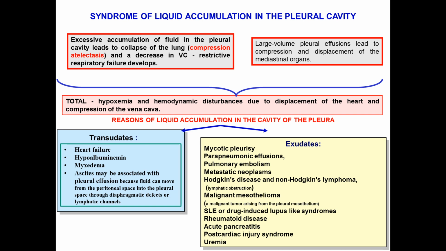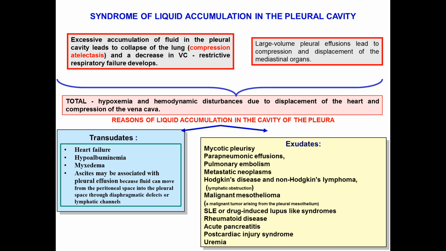And exudates may accumulate due to mycotic pleurisy, parapneumonic effusion, pulmonary embolism, metastatic neoplasm, Hodgkin's disease, and non-Hodgkin's lymphoma due to lymphatic obstruction, and malignant mesotheliomas, malignant tumors arising from the pleural mesothelium, we call them mesotheliomas.